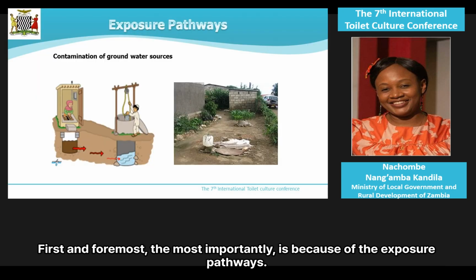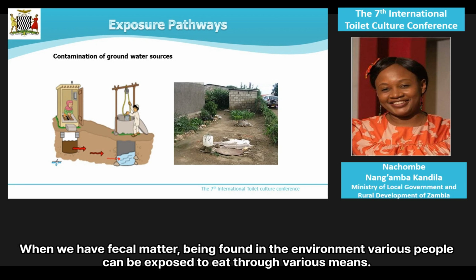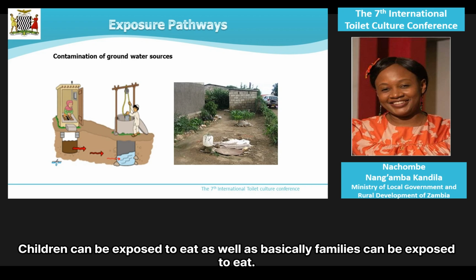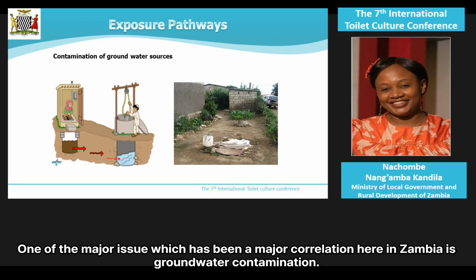First and foremost, it is because of the exposure pathways. When we have fecal matter in the environment, various people can be exposed to it through various means. Children and families can be exposed to it. One of the major issues here in Zambia is groundwater contamination.